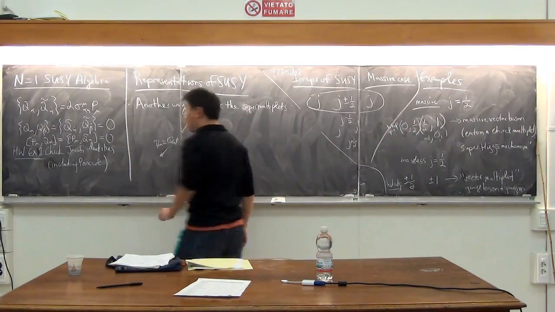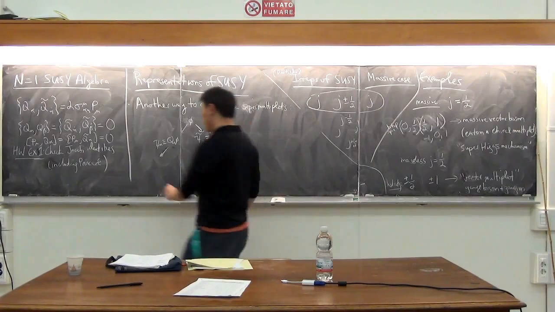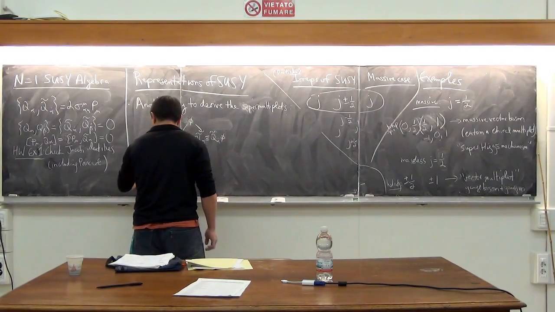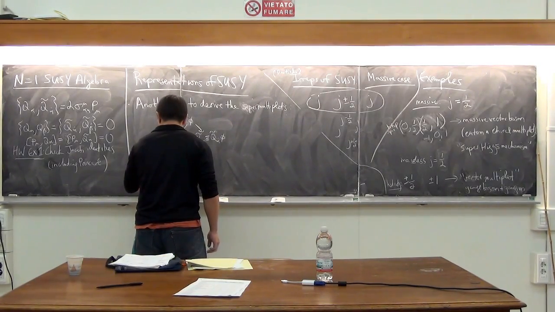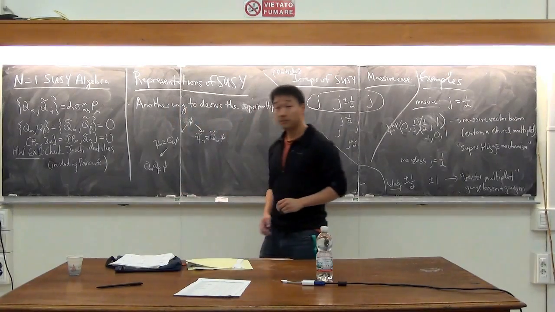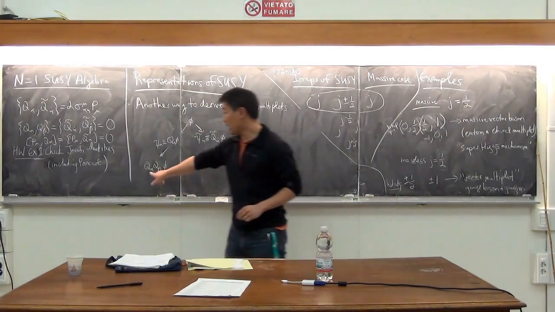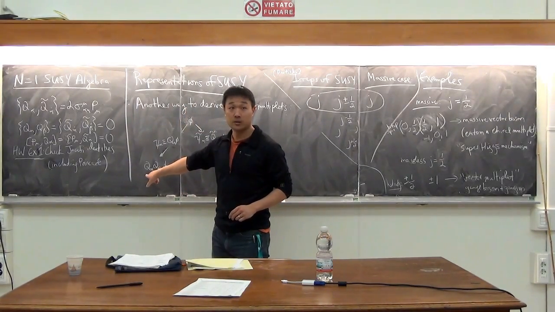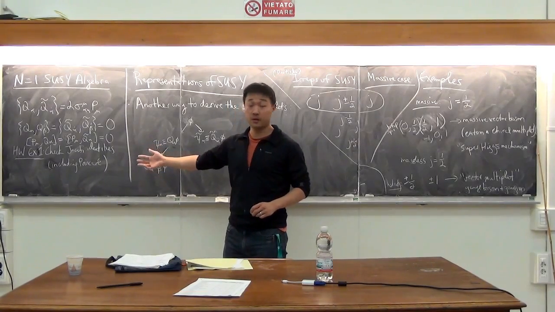So this is Q alpha Q beta on phi. These are antisymmetric, so this thing has to be proportional to epsilon alpha beta.